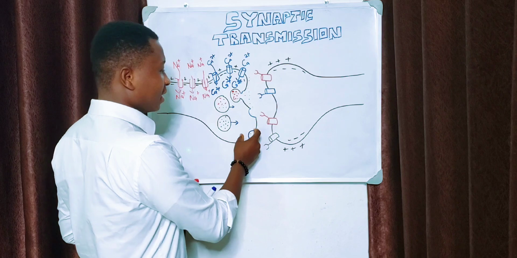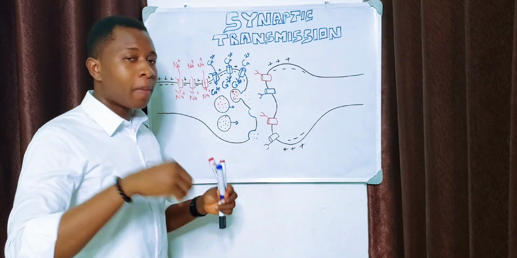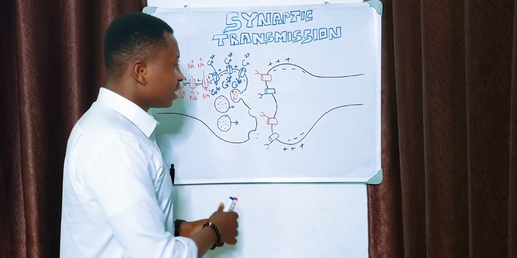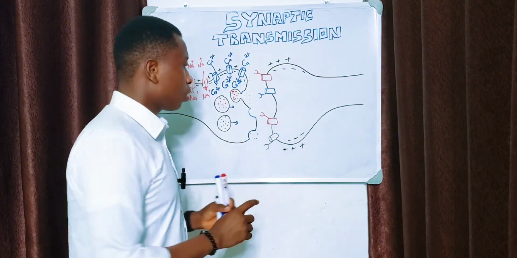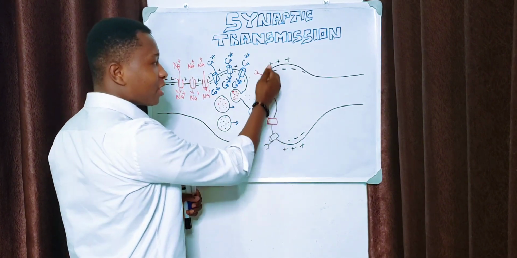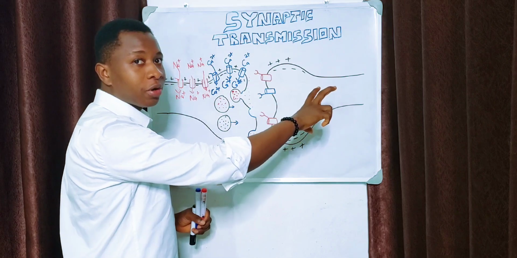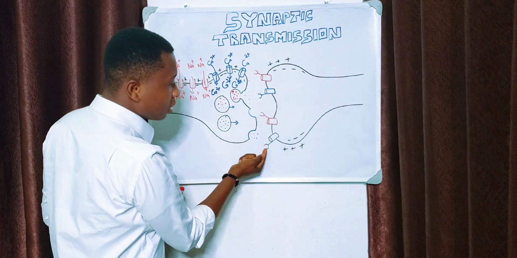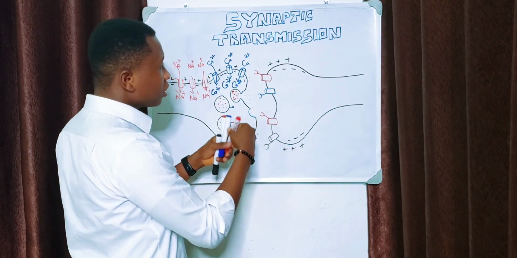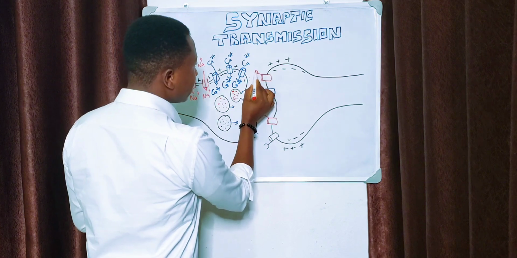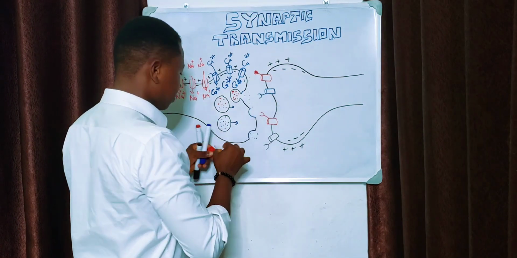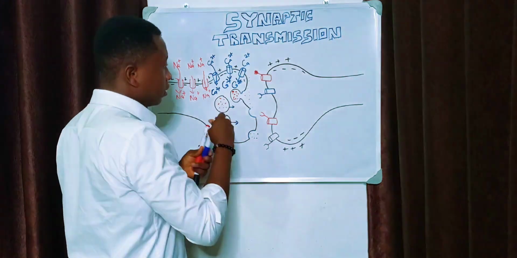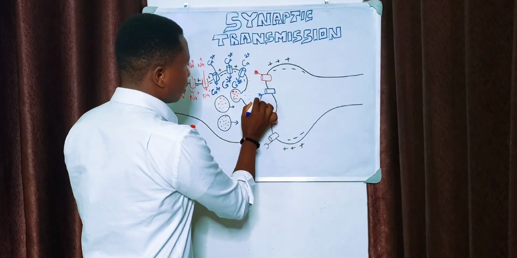So what happens here is that these neurotransmitters begin to work. They begin to bind to the receptors on the dendrite of the next neuron. These are the receptors. These neurotransmitters begin to bind at different receptors.